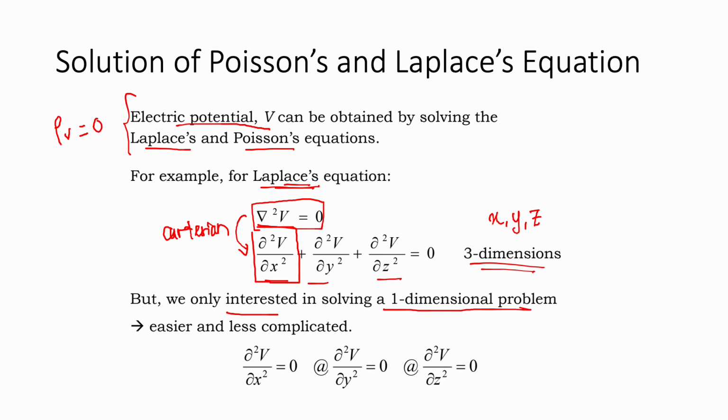This is to make your calculation easier and less complicated. For example, if the question asks you to find the x element, it will be the double differential of v over dx squared equals 0, or if it requests the y element or z element, it will look as such.